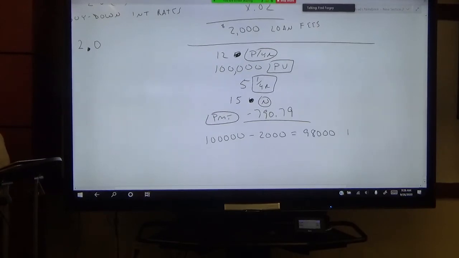So we can just put that in as our new present value, solve for what is the yield.